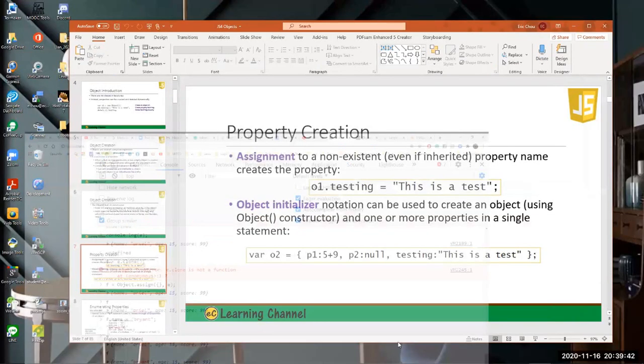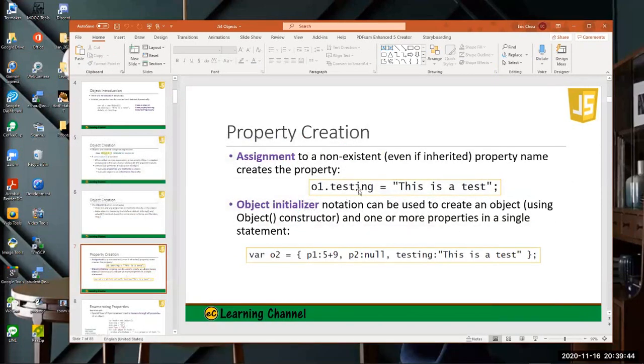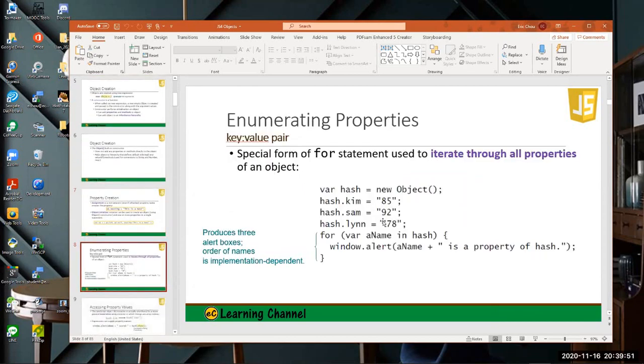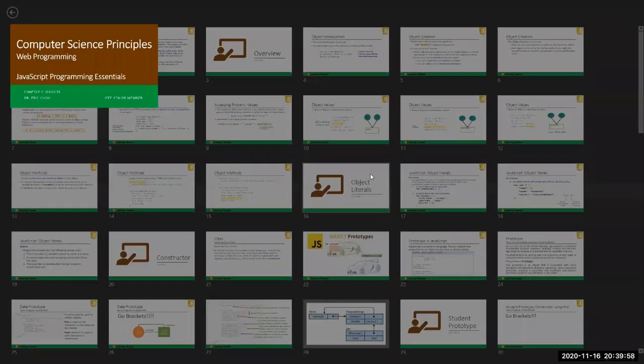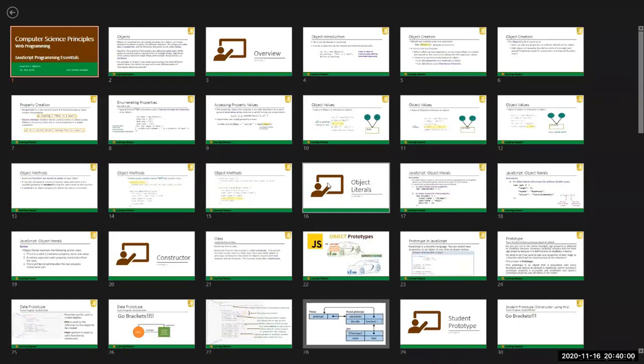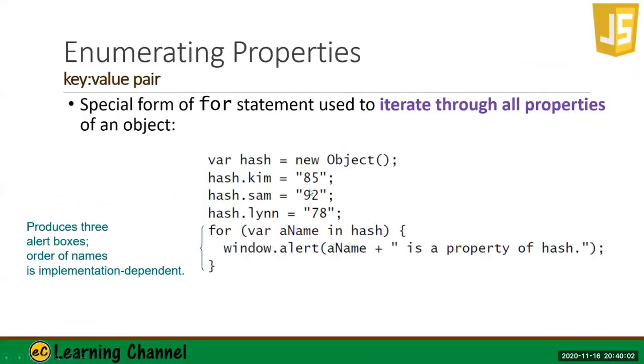So we finish the second one. We can create by using data field and assign data to it. Okay, so that's actually okay. So we can actually add different data fields by using the data field notation, from an empty object, and then add different data fields to it. And for each property name, attribute name, a name is an attribute name, is a property of the hash, we actually print it.